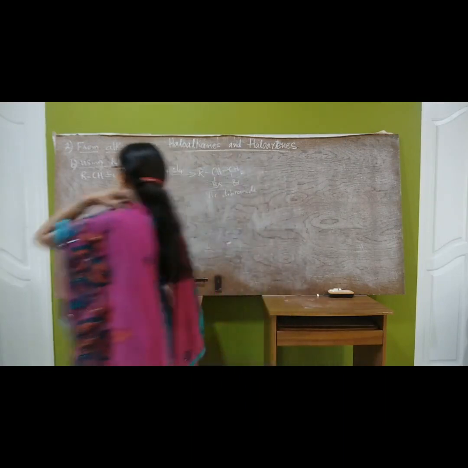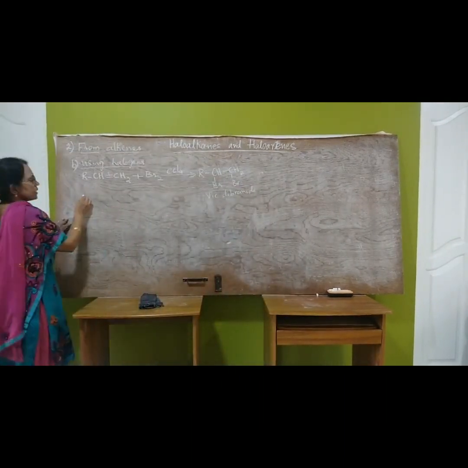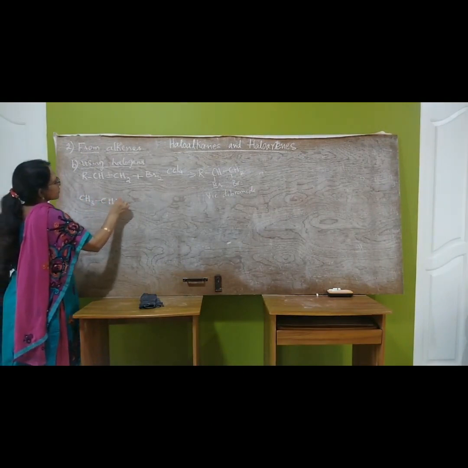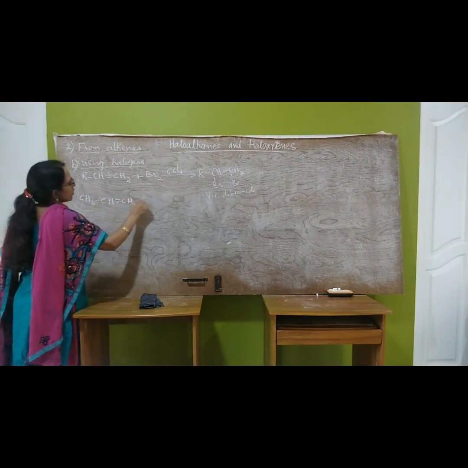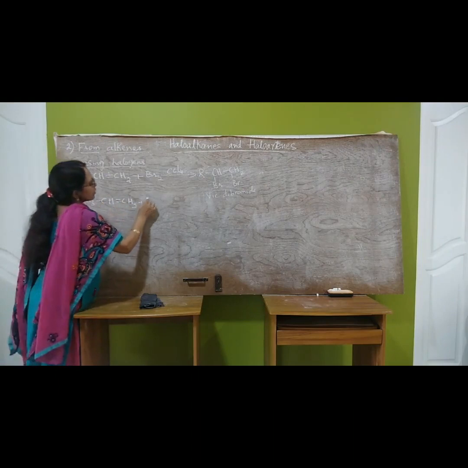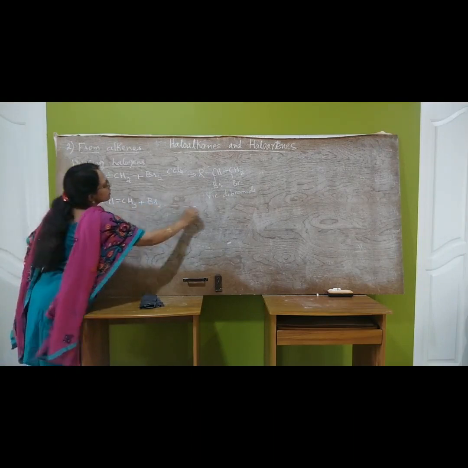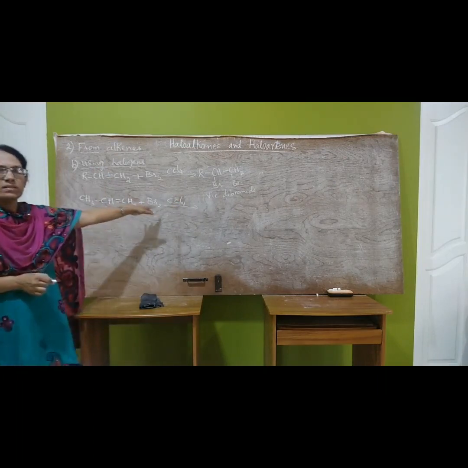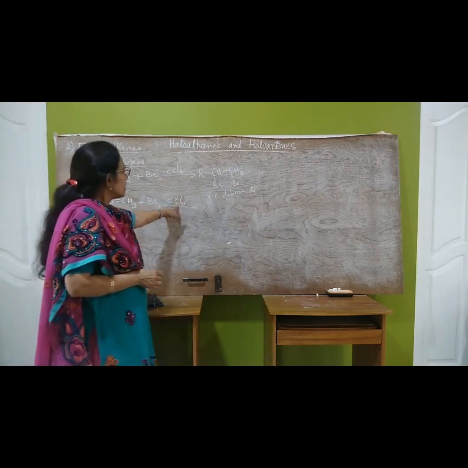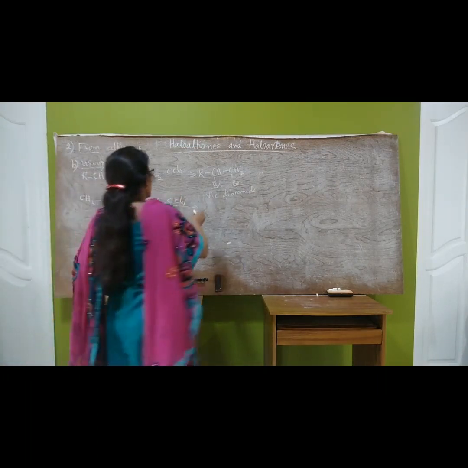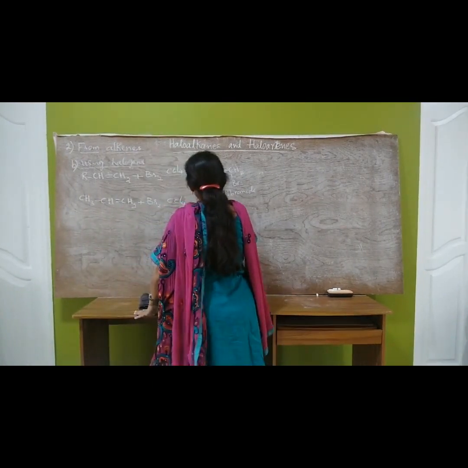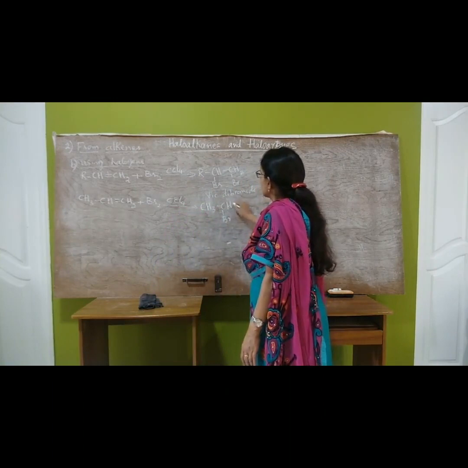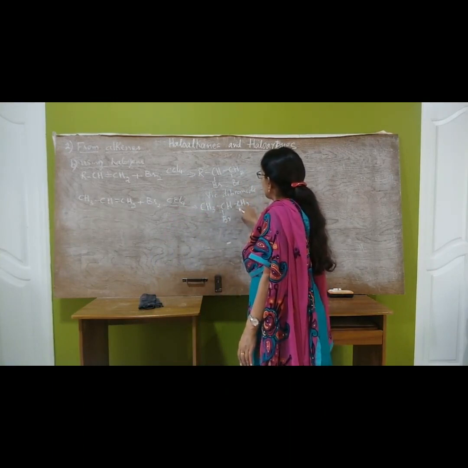Example, let us consider propene. It reacts with bromine in the presence of carbon tetrachloride. What is the product formed? CH3-CHBr-CH2Br.